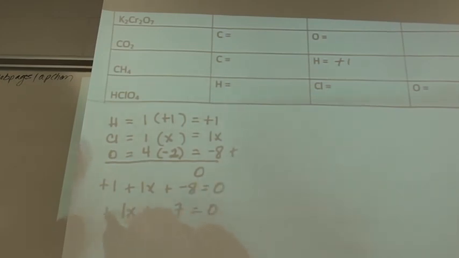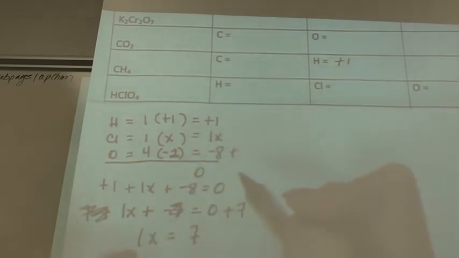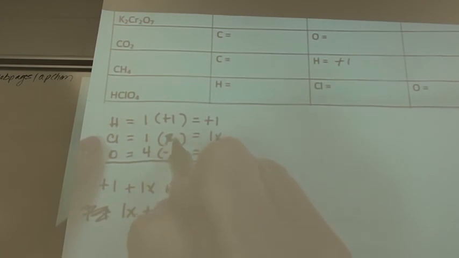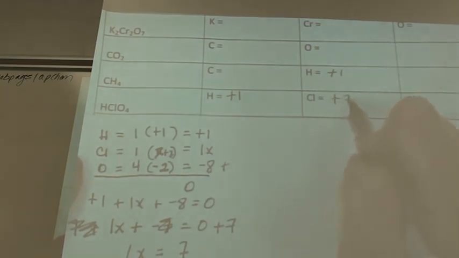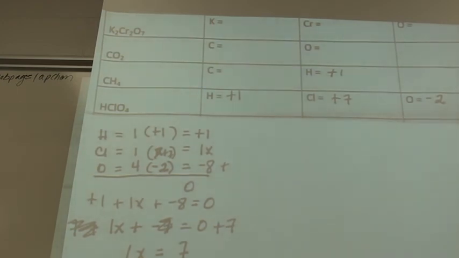Getting rid of the -7 by adding 7 to both sides, these cancel. 1x is equal to 7. Now I know I can substitute x for the number +7. So hydrogen is +1, chlorine is +7, and oxygen is -2. Ready, set, go.